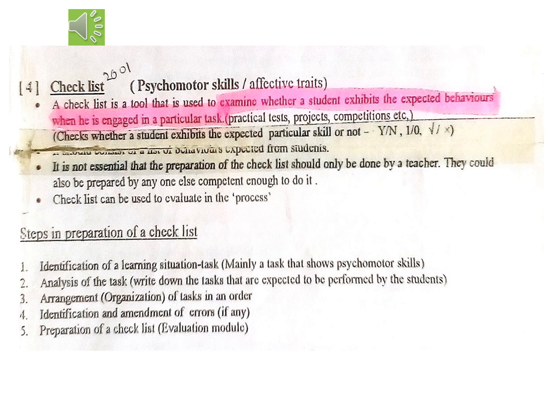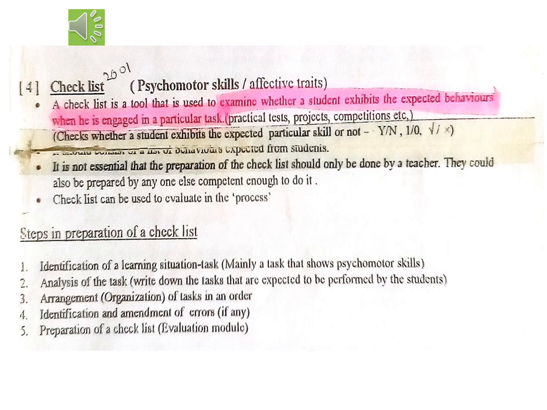A checklist can be used to evaluate the process. Underline that also: the process. The assignment evaluates the process and the product. Here, while they are doing, we can check whether they can do this or not. The process is evaluated.